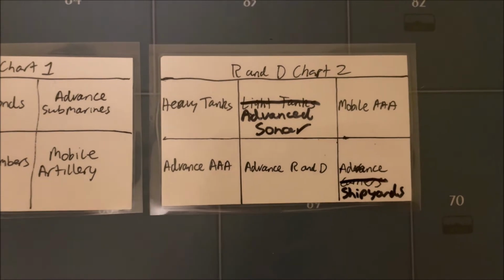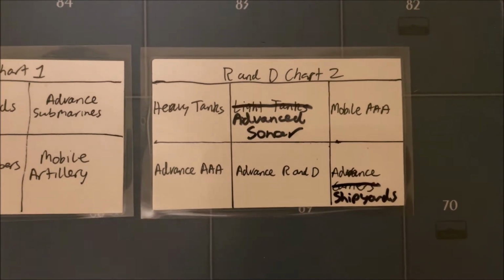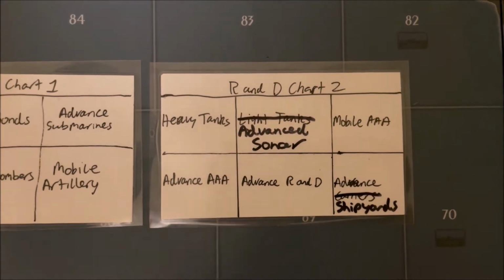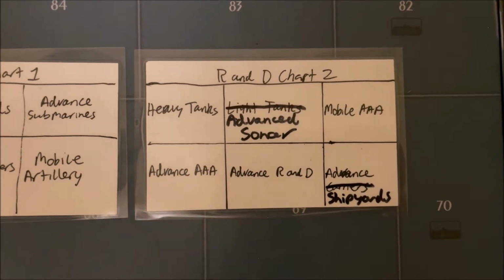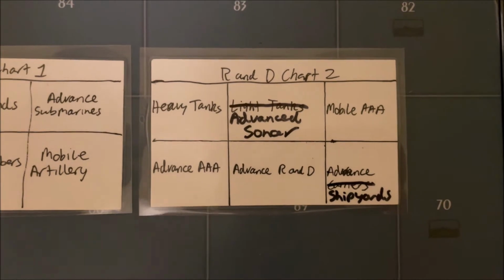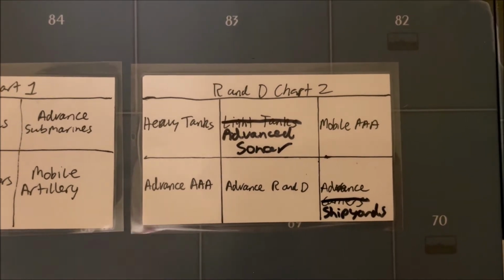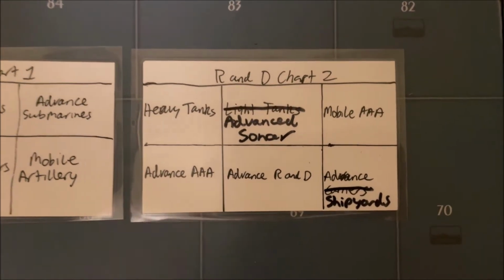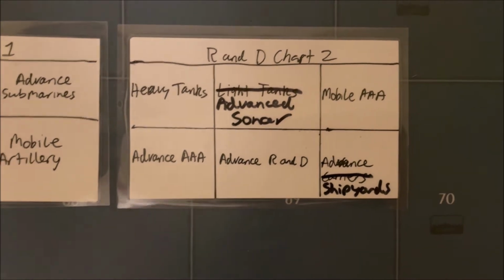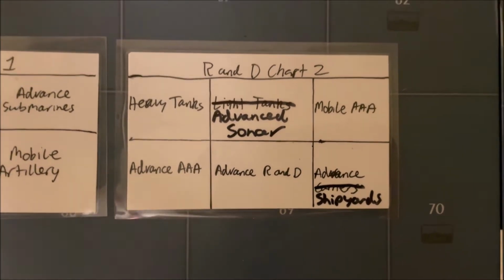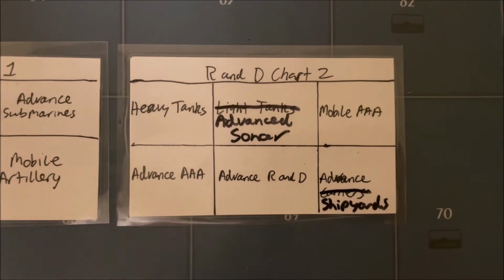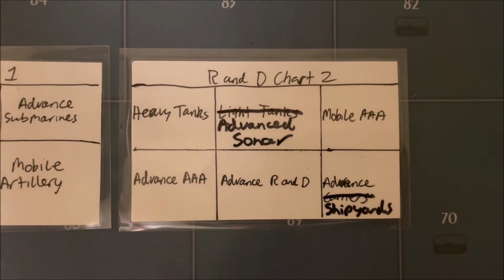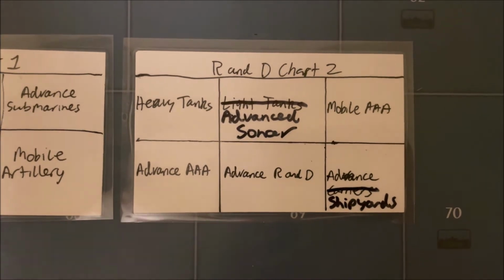And then you have advanced AAA, which is basically the radar technology in Global 1940, which upgrades your anti-aircraft to hit on a 2 or less. Next is advanced R&D, which will allow you to successfully research at 5 or 6 now instead of just a 6.